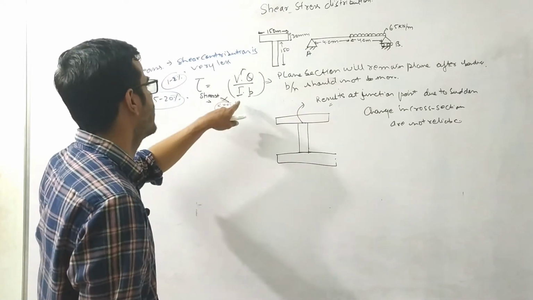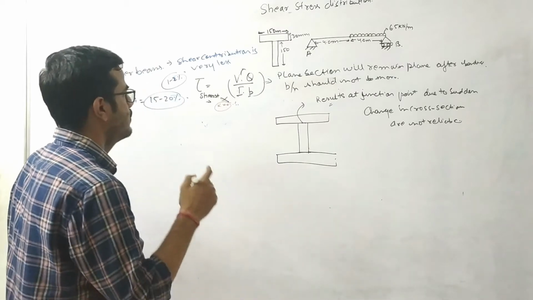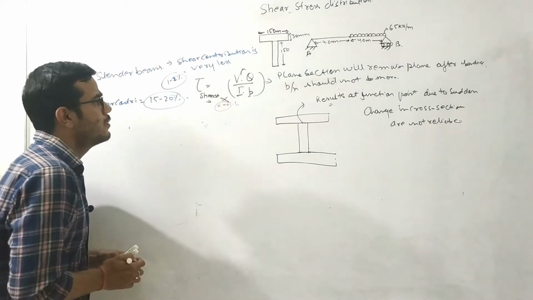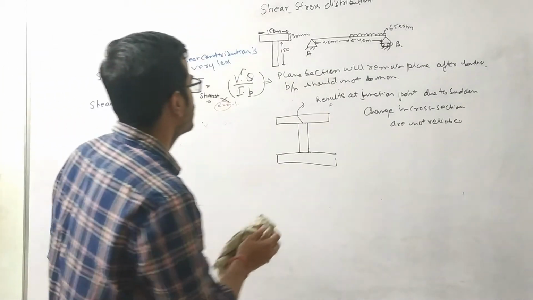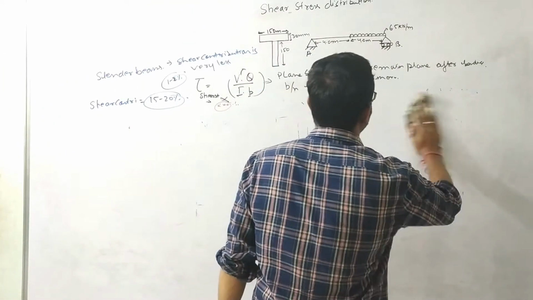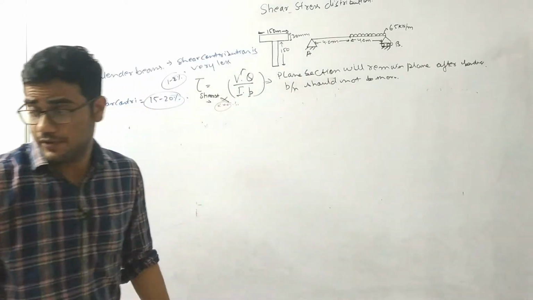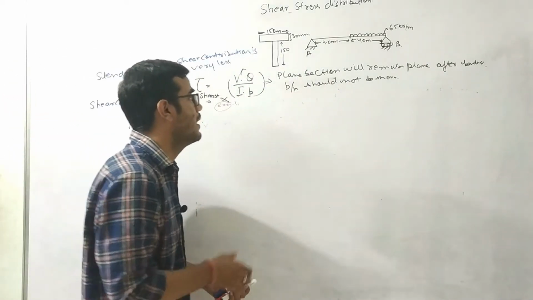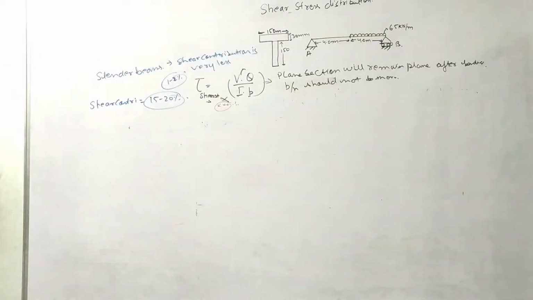The result which we get from this formula may vary from the actual results. These are a few things which I want to tell you regarding this formula, and if something is left, I'll cover it while discussing the problem. So let's come to the problem.